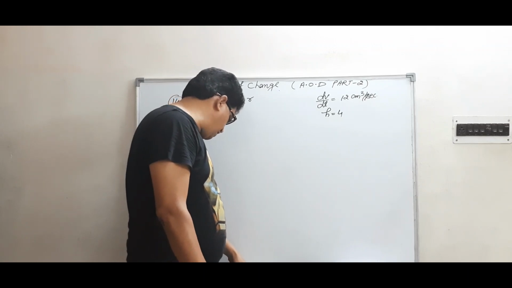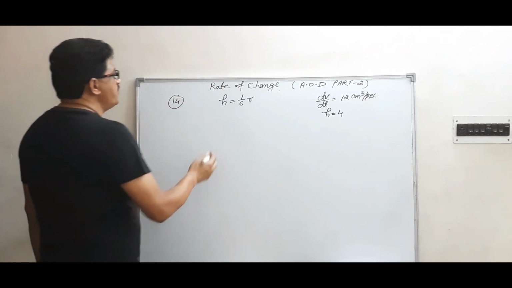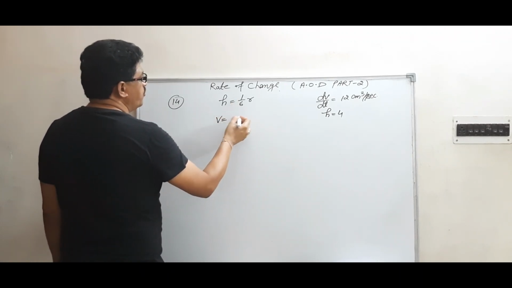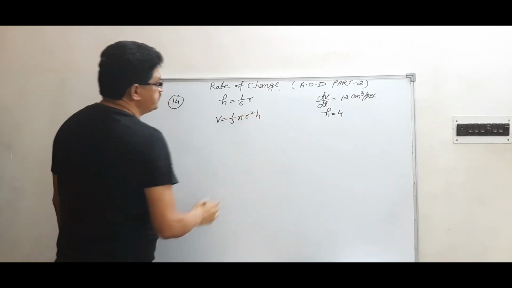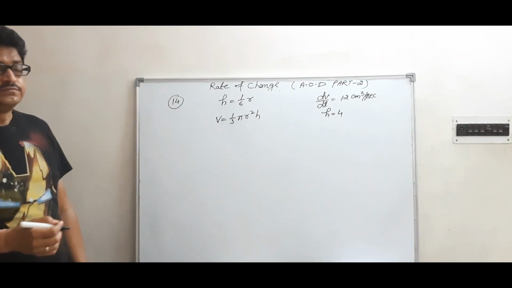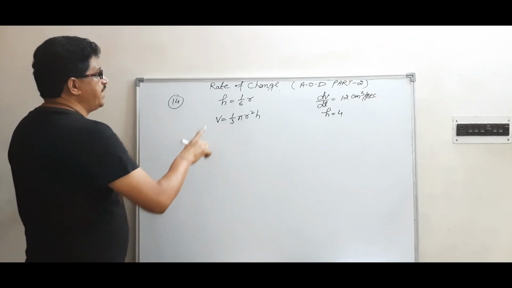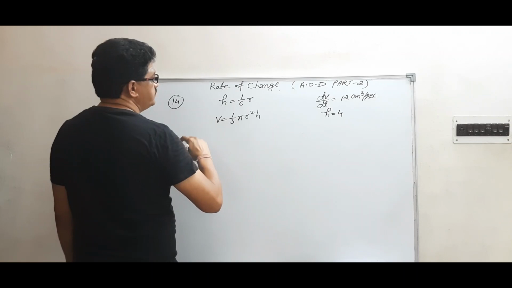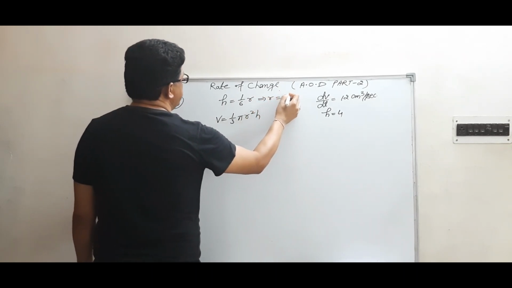And sand is forming a cone, so we have to use volume of cone. Volume of cone is equals to 1 upon 3 pi r square h. In the question it is given that h is equals to 1 upon 6 r. So r is equals to 6h.